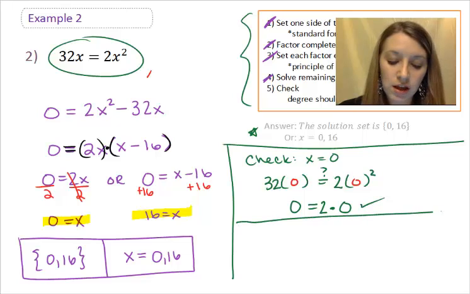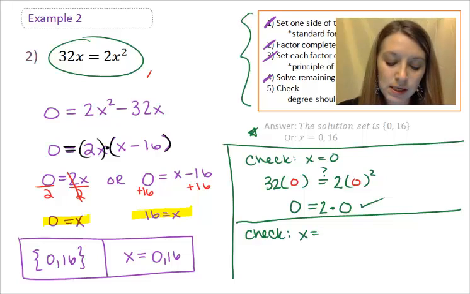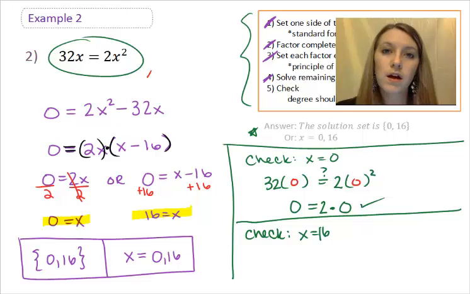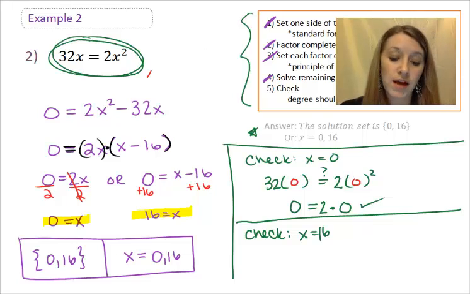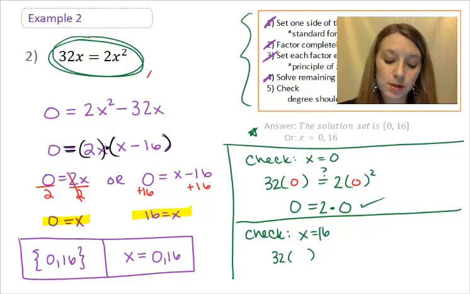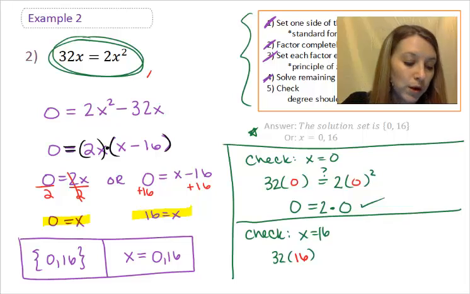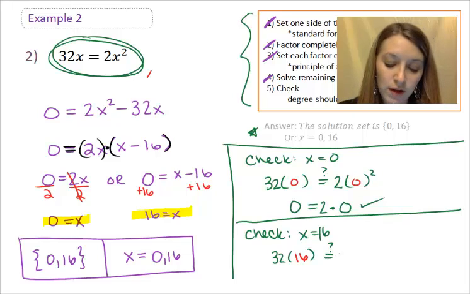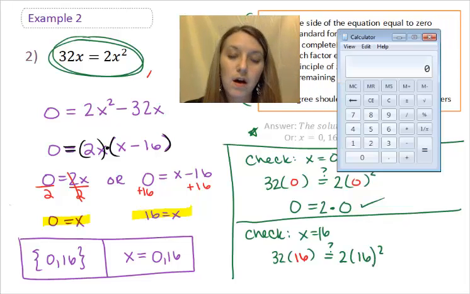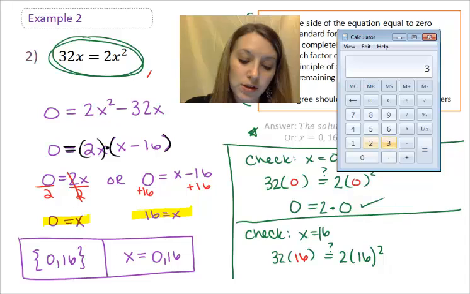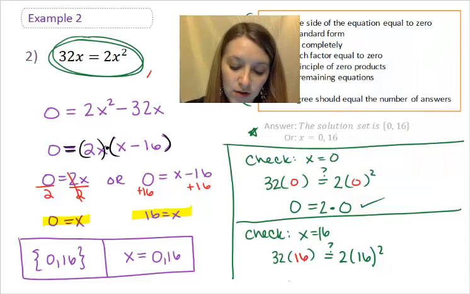Now I must check the other half, where x is equal to 16. So I go back to my same equation and I plug in 16 for all of the x's. I have 32 times, substituting in 16, and we want to know if that is equivalent to 2 times 16 squared. On the left, I have 32 times 16, which gives me 512.